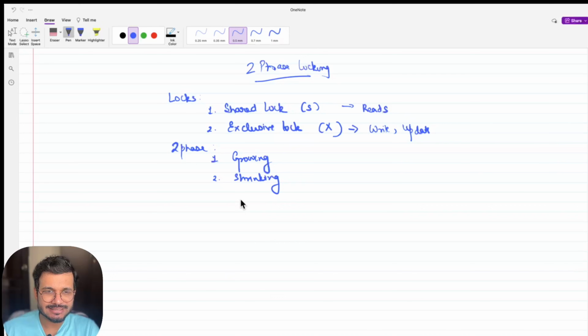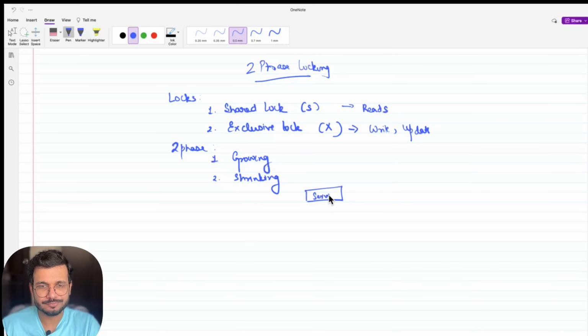So let me take an example. This is server A. Now suppose there's a transaction.